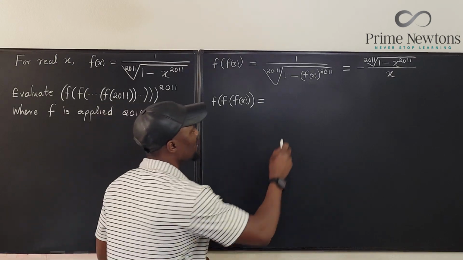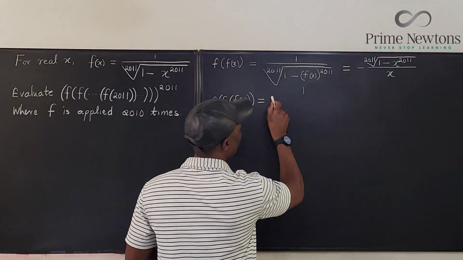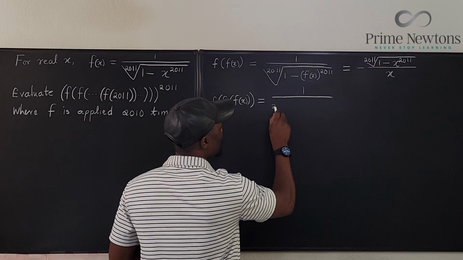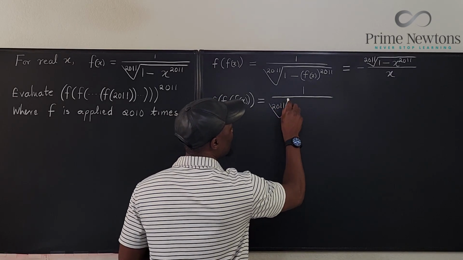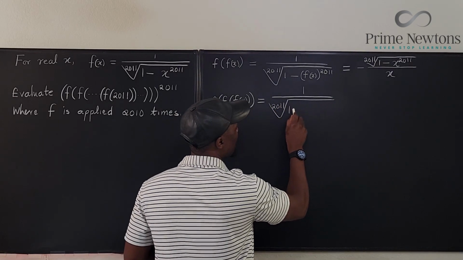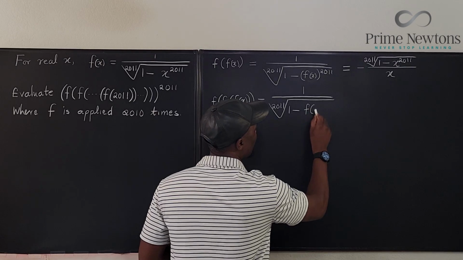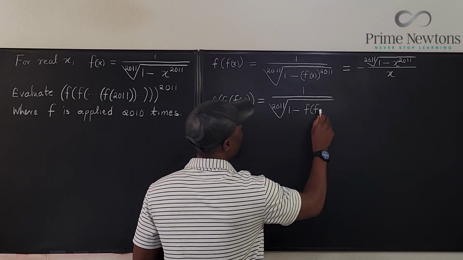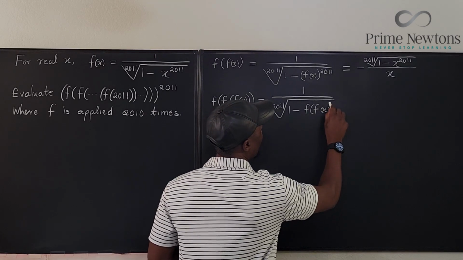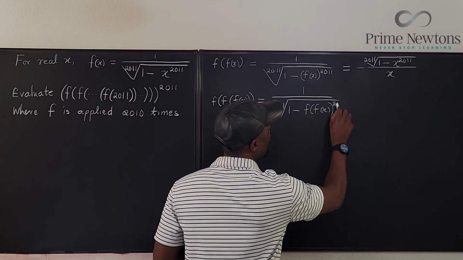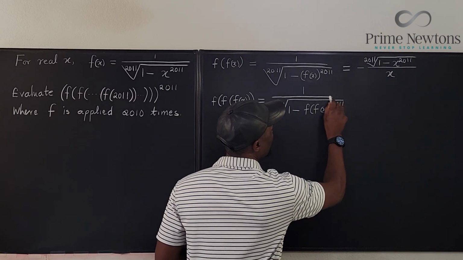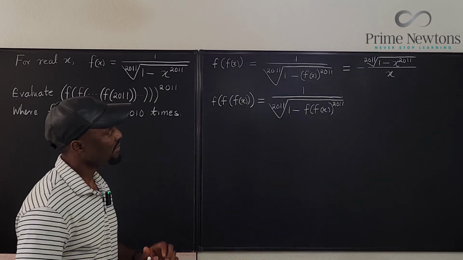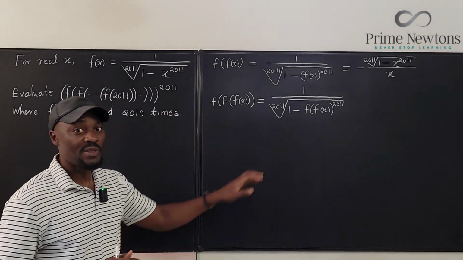I'm going to write it. So it's going to be 1 over the same process, the 2011th root of 1 minus f of f of x, like that, raised to power 2011. And what would this mean?